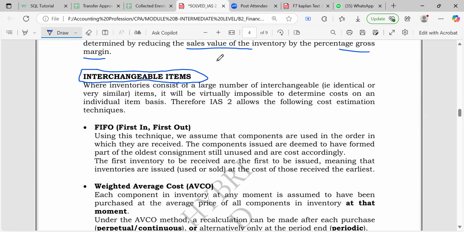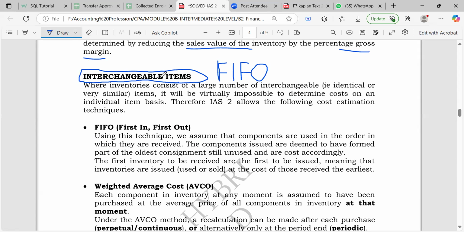So now you have to get one point. You have spoken of the word FIFO, right? Yes. FIFO just means first in, first out. So whenever you explain, you have to put it into the context that you are dealing with. Here we are speaking of the measurement of inventory, of course.